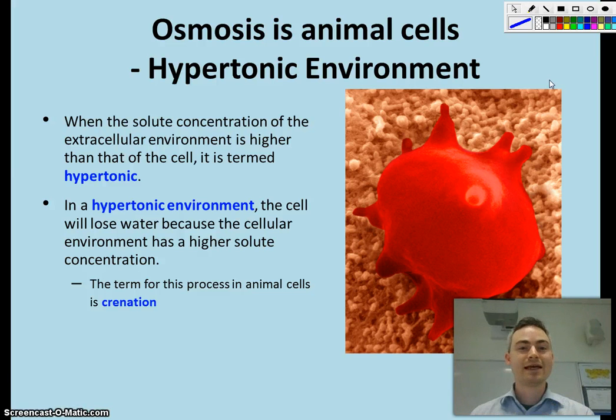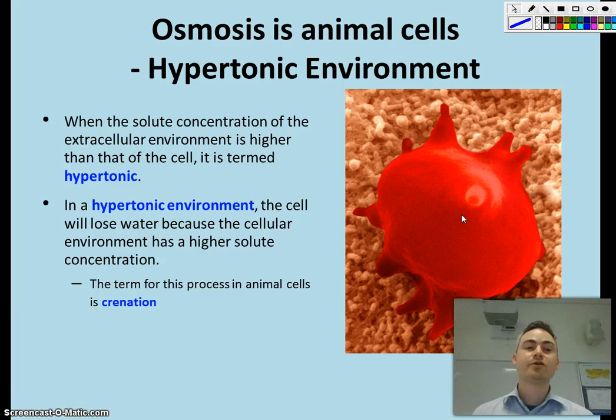If we look at the exact opposite situation, if the cell is put into a hypertonic environment, this is the case where the solute concentration of the surrounding fluid, the extracellular environment, is higher than that of the cytosol, the interior of the cell. So in this case, because it's a relative measure, the outside of the cell is hypertonic, high concentration of solutes.